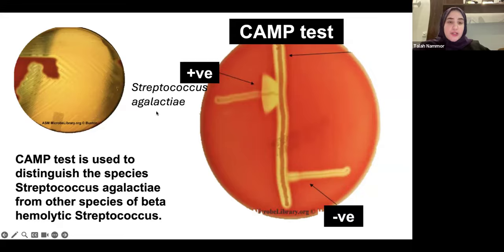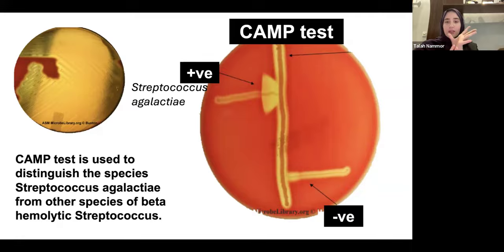Now, if the microorganism that is cultured in here is Streptococcus agalactiae and it causes this triangle to be formed, you can think of it as Streptococcus agalactiae loving Staphylococcus aureus.